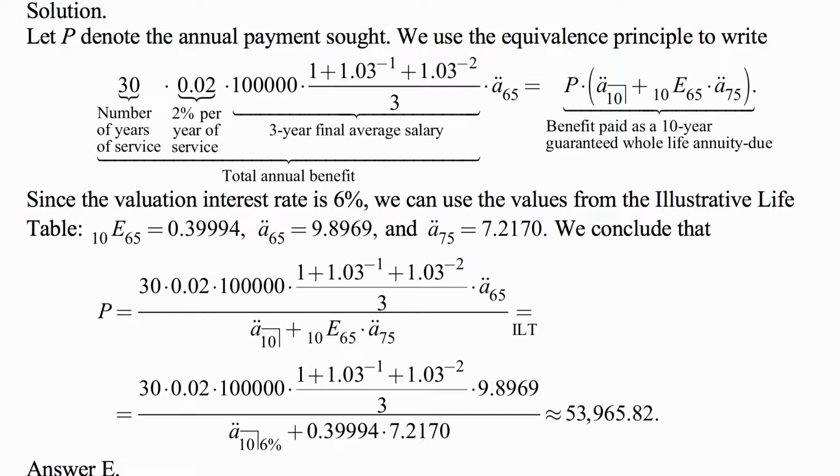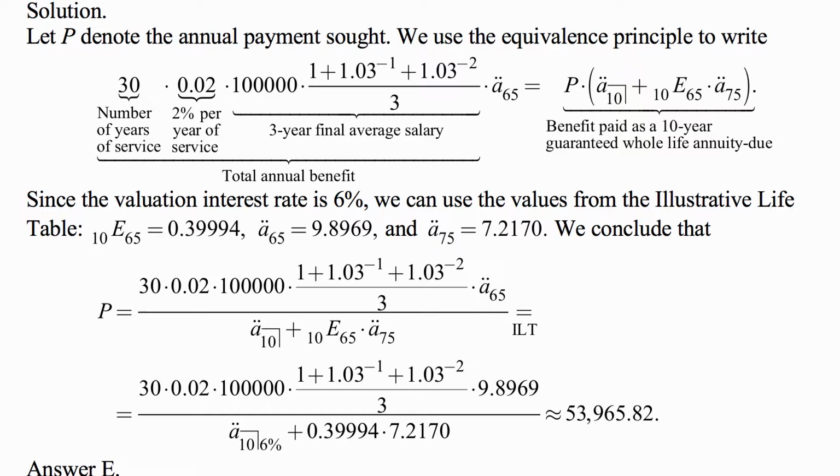Well, it's 30 years of service times 2% per year of service times the 3-year final average salary, which was $100,000 in the last year, $100,000 divided by 1.03 in the year before, and $100,000 divided by 1.03 squared the year before, so 2 years before retirement.